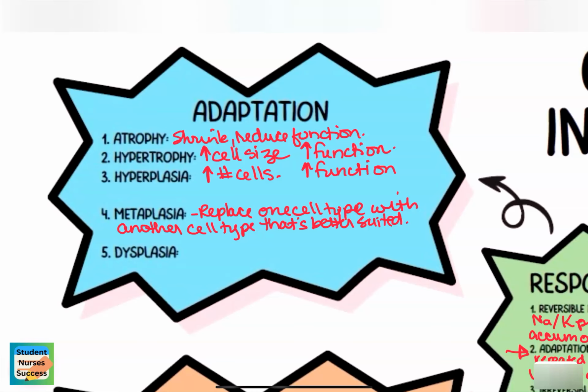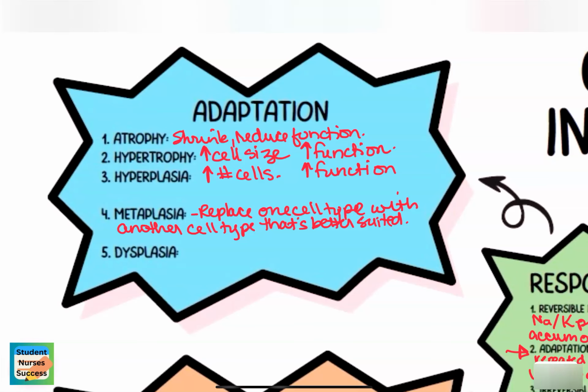It will actually do the same function, but it is a little different. So, in the example of the smoker, the lung cells that are very delicate will be replaced with something a little tougher, but they'll still do the same function. They're just changed a little bit.